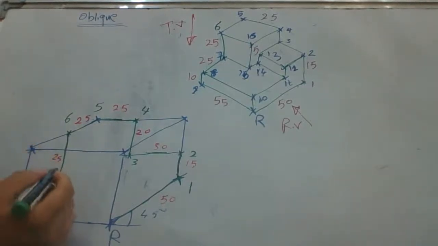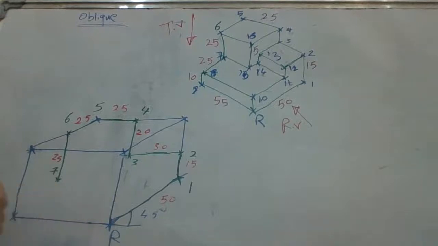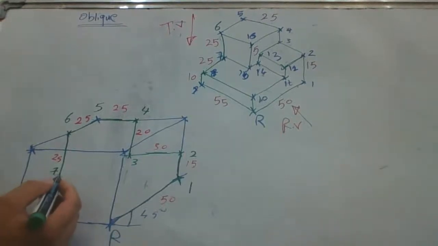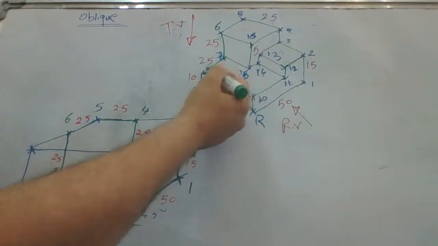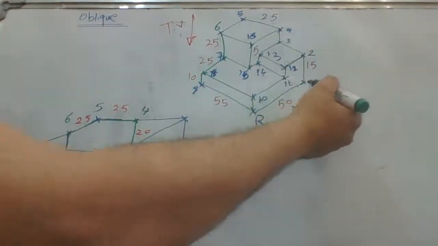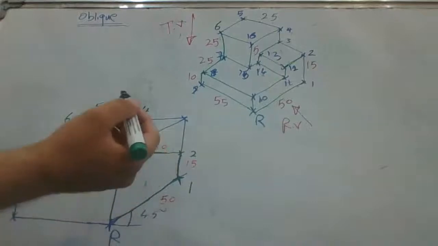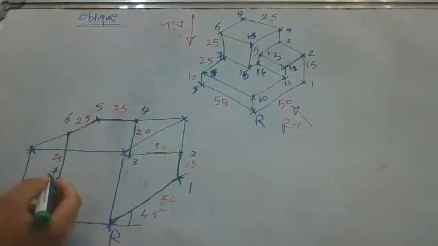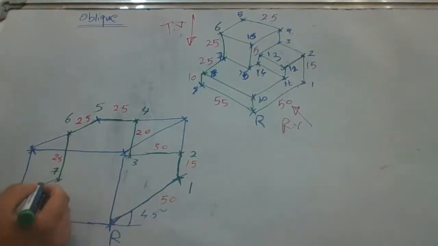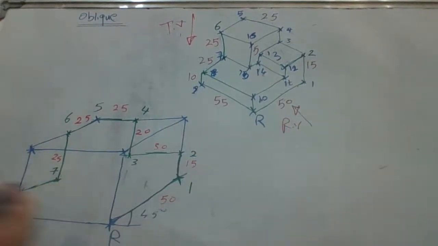This is 7. From 7 to 8, it's parallel to the depth, parallel to R to 1. So we can draw it at an angle of 45.